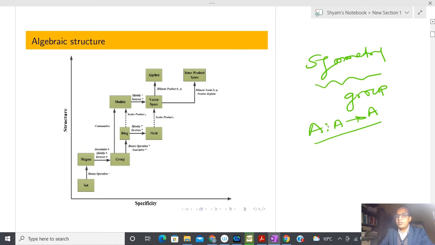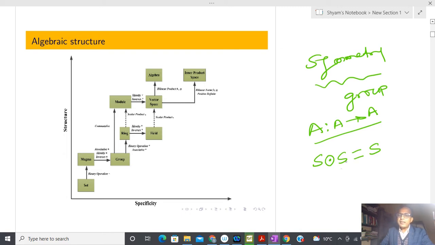The binary operation may be anything, whatever you want to assume, that doesn't matter for me. Here I am saying symmetry applied on symmetry: if you apply S, with some operation, you get some kind of symmetry only. So the closure property is satisfied.